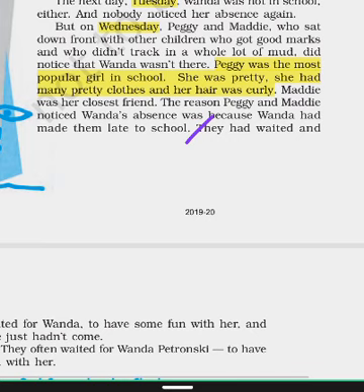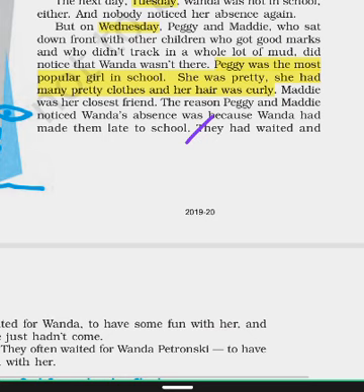They had waited and waited for Wanda to have some fun with her, and she just had not come. They often waited for Wanda Petronsky to have fun with her. As I have already told you, students like Peggy and Maddie used to wait for Wanda Petronsky before starting the school or after completing the school, because they used to make fun of her.